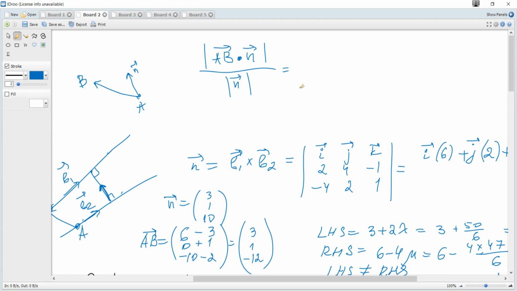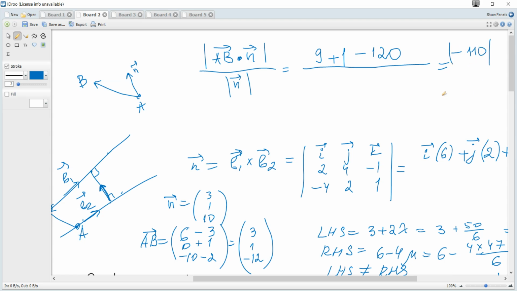And it becomes AB dot product with n, so 3 times 3 is 9, plus 1, plus negative 120, so it's negative 110.